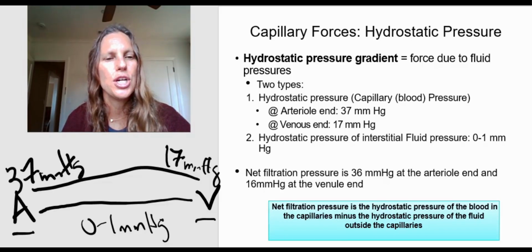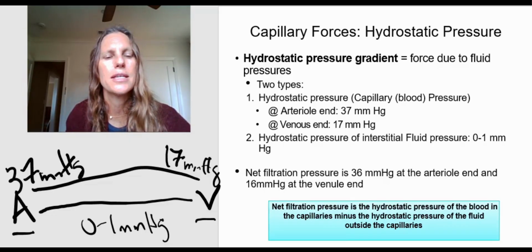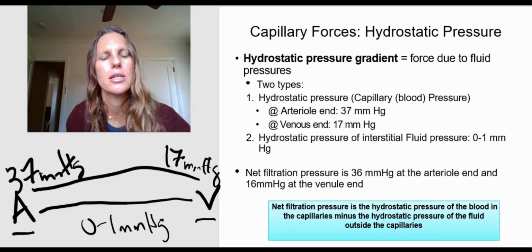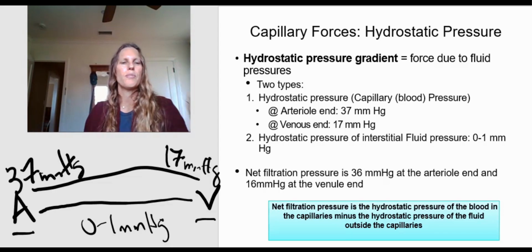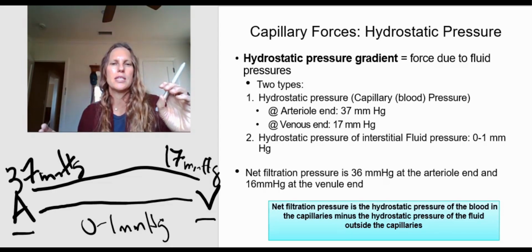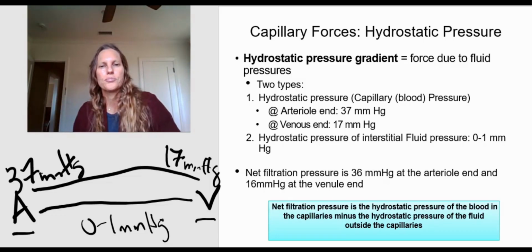where you have high pressure here, it will push water out towards the lower pressure. So water gets pushed out, fluid gets pushed out, lipid soluble things get pushed out. They get pushed out, and as they get pushed out, the pressure decreases. So our hydrostatic pressures decrease as we move from the arterial end to the venous end. And they do that because water gets pushed out.